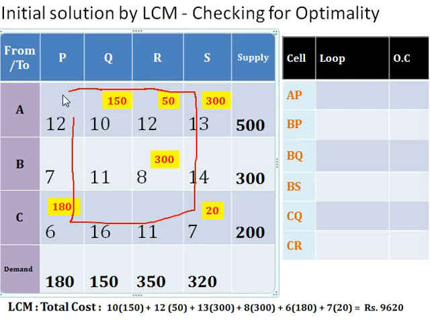Now we are assigning a plus and minus sign alternately at each turn. We started the loop from here: plus, minus, plus, minus and plus. Clear? So for this cell we write down the loop value over here and calculate the opportunity cost.